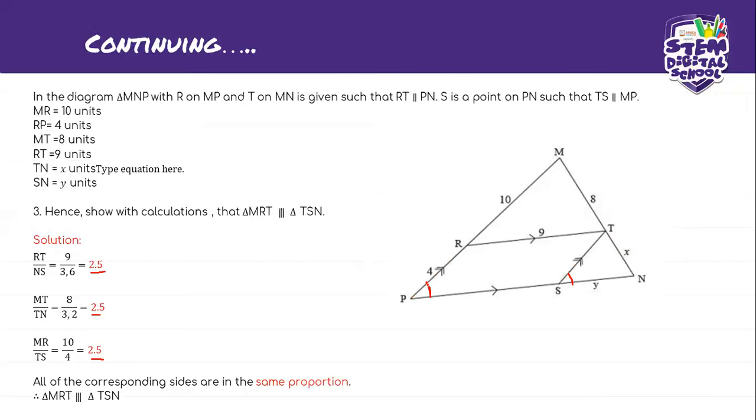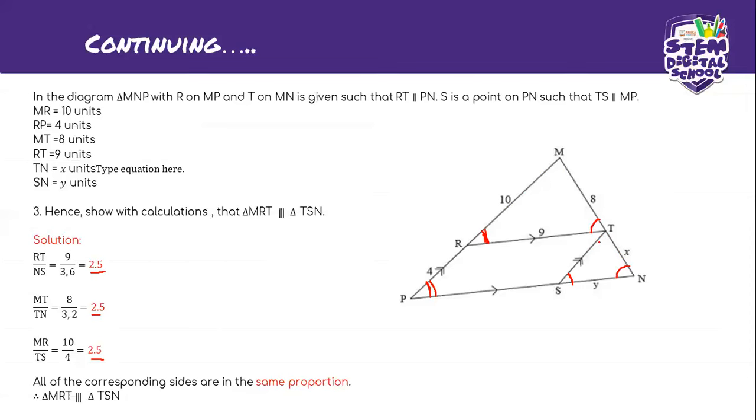And then this angle here at P is equal to this angle here, because RT is parallel to PN, all right? So if that is the case, therefore this angle S is equal to this angle at R, right? Then we have angle N equal to this angle here, right?